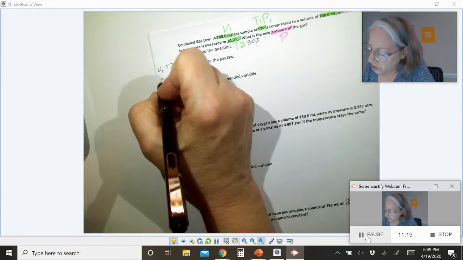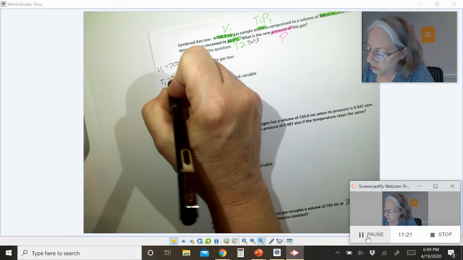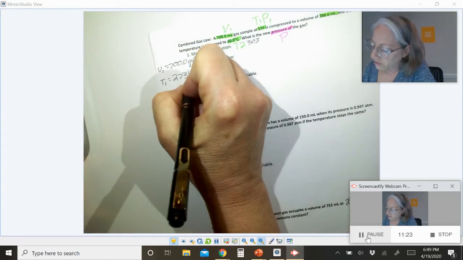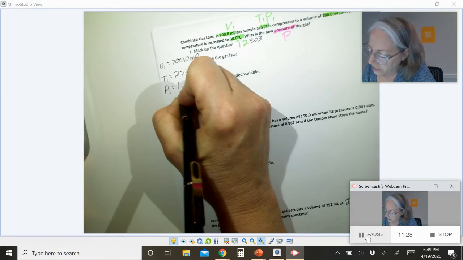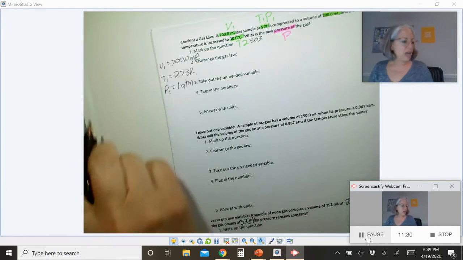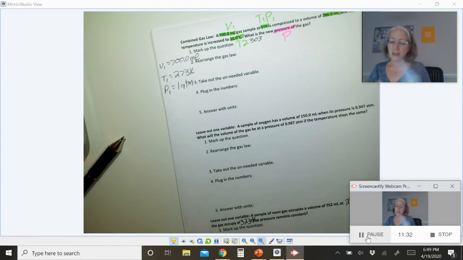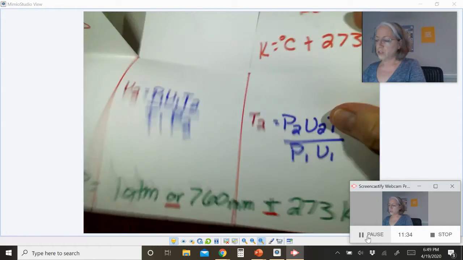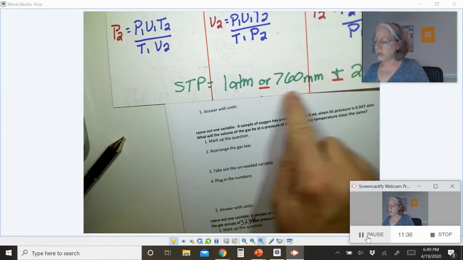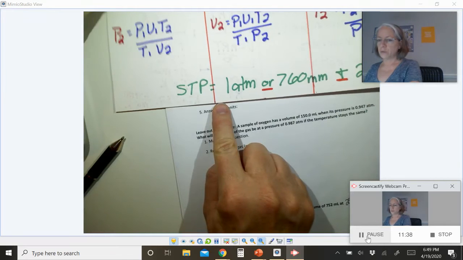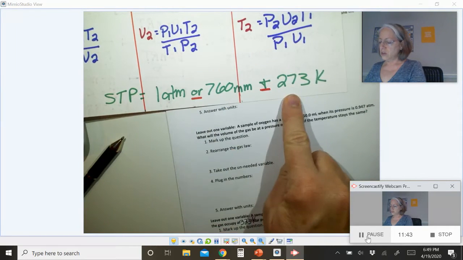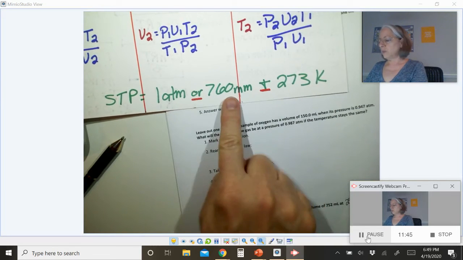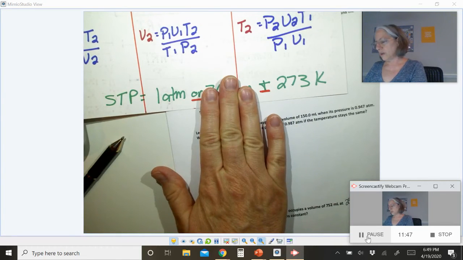STP, the standard temperature is 273 Kelvin, and the standard pressure is 1 atm. And we talked about that last week, and we also wrote that out, remember, in our foldable. So standard pressure, standard temperature. We're not using millimeters of mercury in this problem today, so we don't have to worry about it.